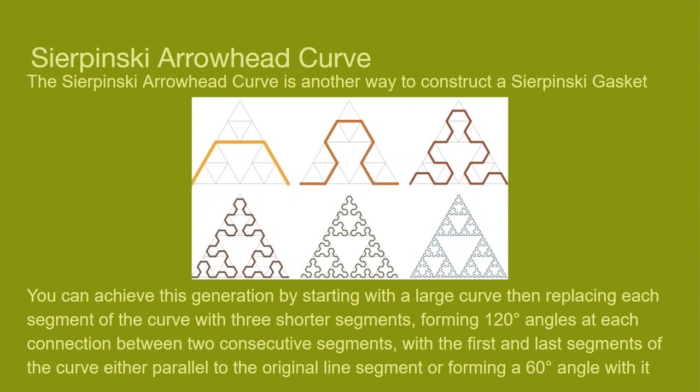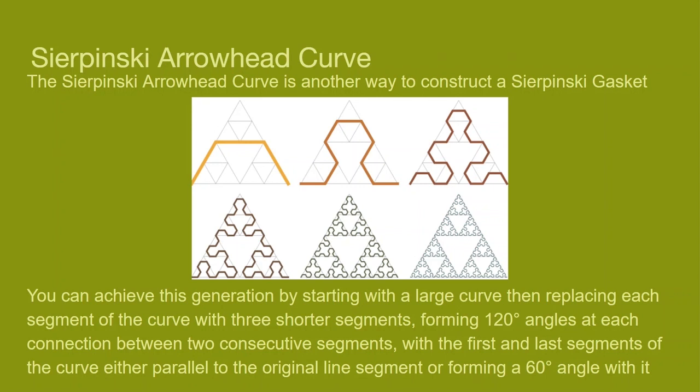Now, Sierpinski's curve, or Sierpinski's arrowhead curve, is another way to construct a Sierpinski's gasket. You can achieve this generation by starting with a large curve, as you see in the image, then replacing each segment of this curve with 3 shorter segments, forming 120-degree angles at each connection between 2 consecutive segments, with the first and last segments of the curve either parallel to the original line segment or forming a 60-degree angle with it.